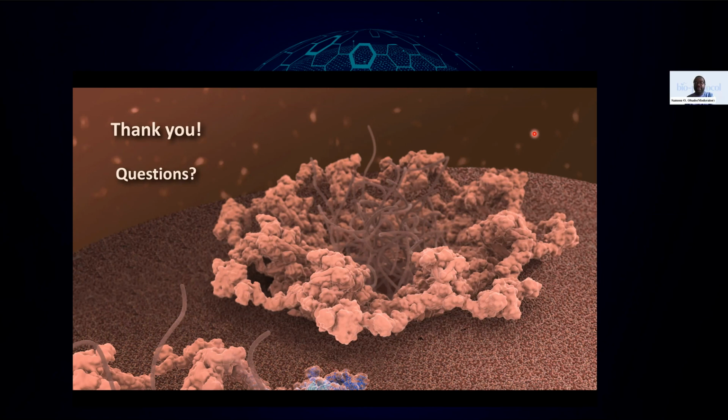Okay, I have a question from an anonymous person. Has the structure of the NPCs of cancer cells been studied and compared to NPCs of normal cells? There are a couple of papers where they have looked at cancer cell lines.